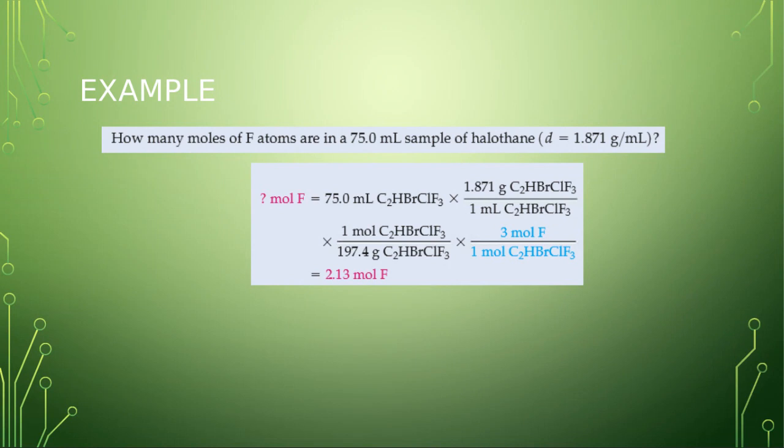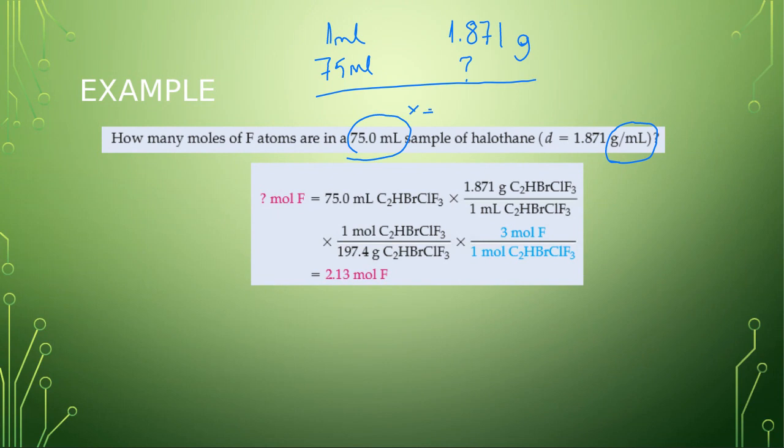It tells us 1 milliliter of liquid is 1.871 gram. But we have 75 milliliters of halothane, how many grams is that? We have to multiply. Just a minute, I calculate here. Multiply with 75.